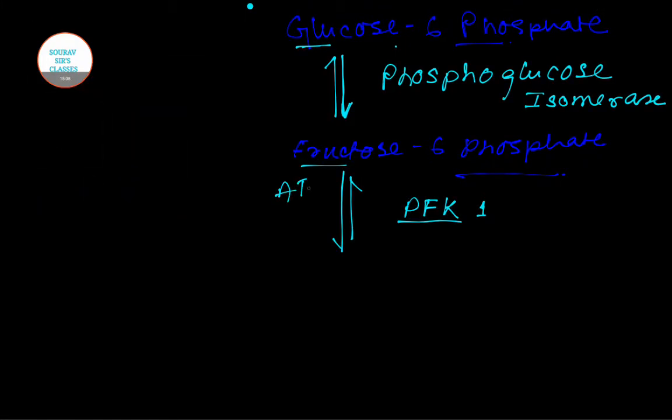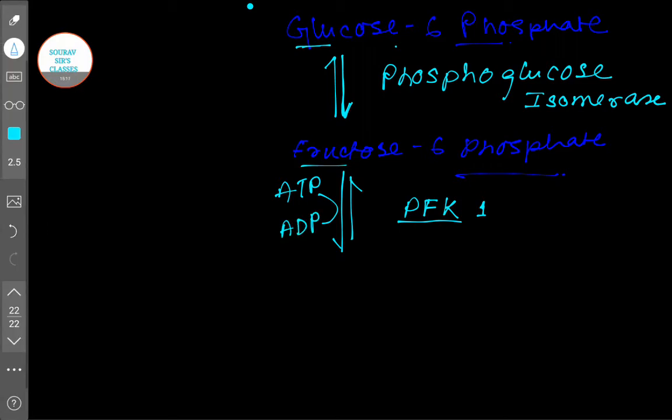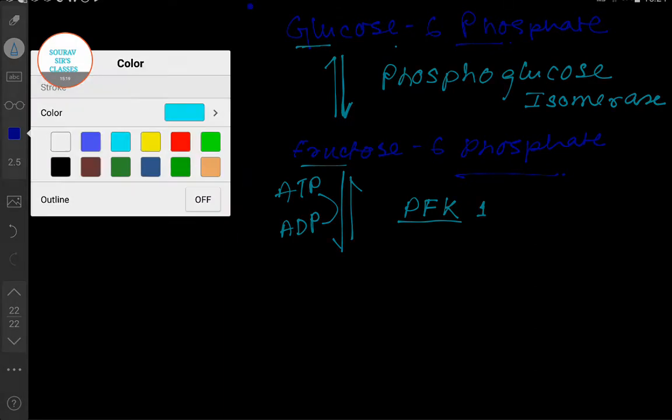Another ATP will be consumed here, so first writing this ATP to ADP, and that will form fructose 1,6-bisphosphate.